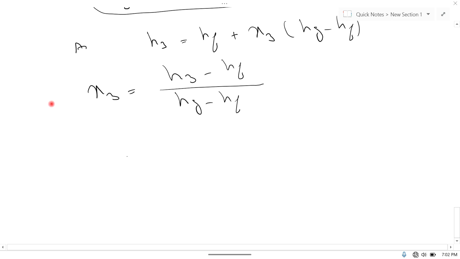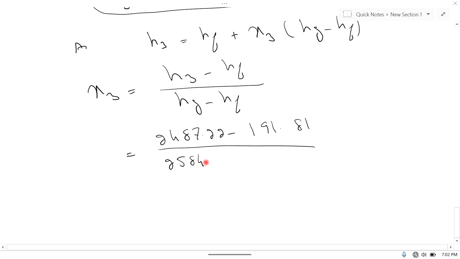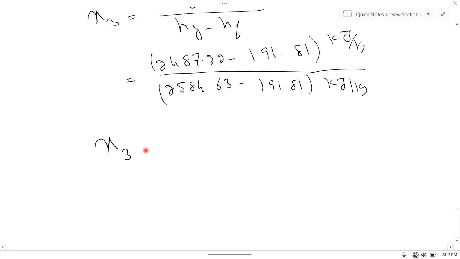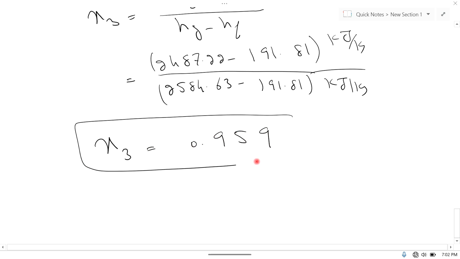So x3 is equal to (2487.22 minus 191.81) divided by (2584.63 minus 191.81), and the unit is kilojoule per kg. Simplify this and find the value of x3, which is equal to 0.959, and this is the end of the problem.